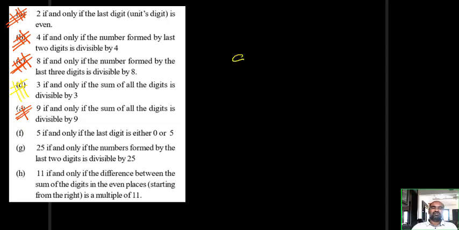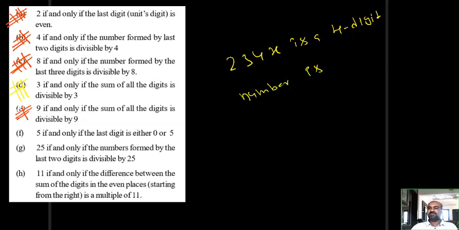Sir, 1 minute. 234x123 is a number that is divisible by 3.